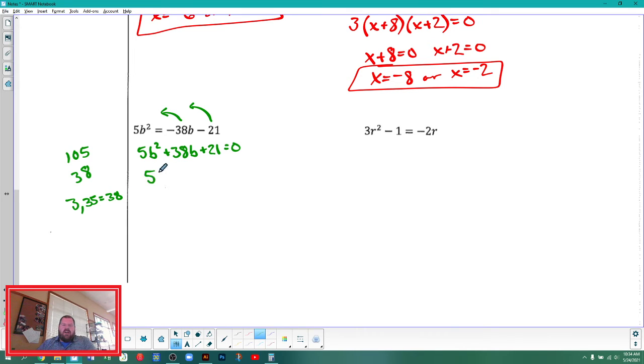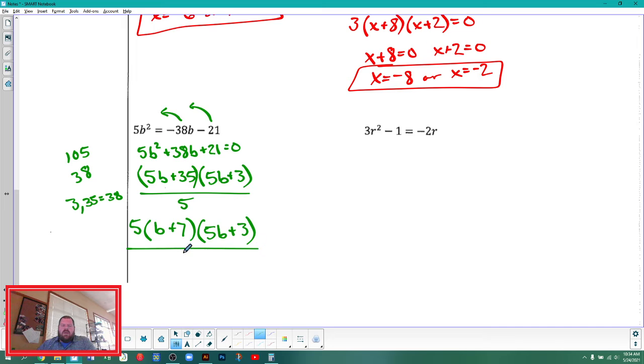So I'm going to have 5b plus 35 times 5b plus 3, all that divided by 5, and I have a common factor of 5 in here. So I'm going to take that 5 out. Good job. And I get b plus 7 times 5b plus 3, all that over 5.